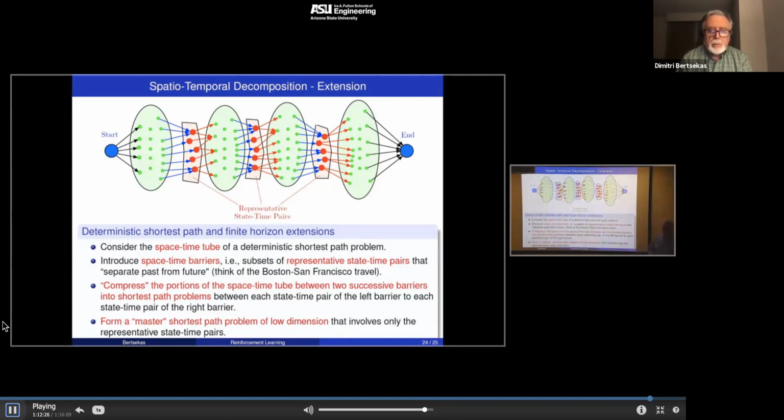You're not going to find the exactly optimal route from Boston to San Francisco. You may be missing some of the details because you have constrained yourself to go through the barriers. You have chosen the barriers first. So there's an approximation there, but it adequately addresses the practical problem with a tractable computation.